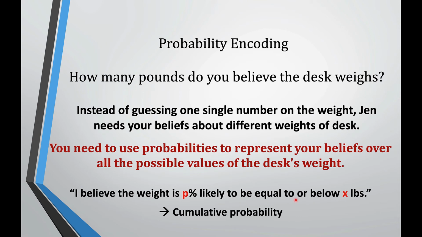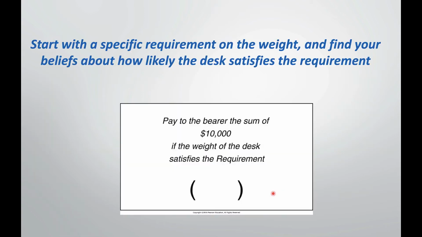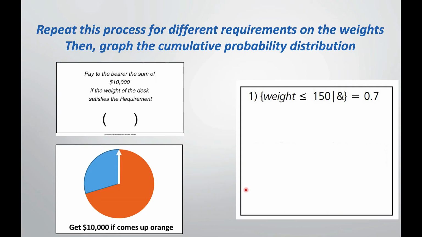The more statements you give Jane in terms of the cumulative probability with regard to different numbers of pounds, the better she can make decisions on your behalf. So you can start with a specific, arbitrary requirement on the weight, and then find your belief about how likely the desk satisfies the requirement. We've done so for x equal to 150. Okay, so we have done this.